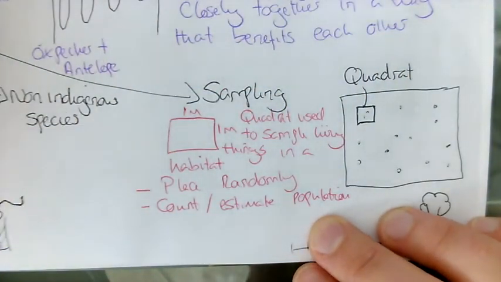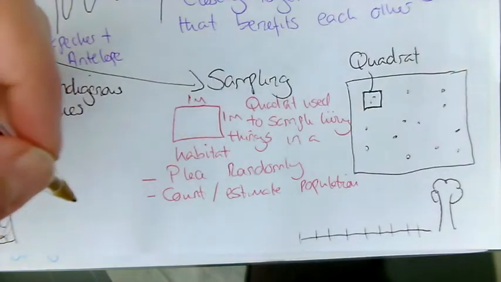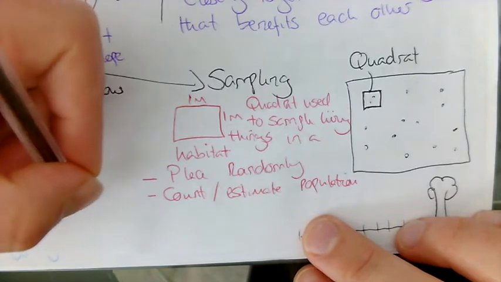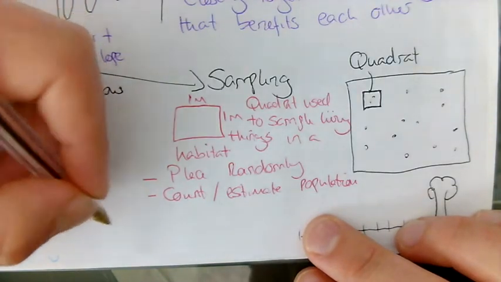And then you're going to use an equation which can tell you the number of a population of organisms in the area.